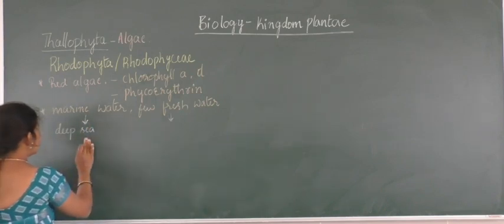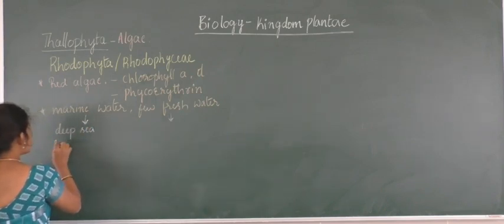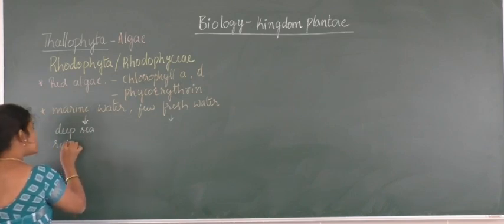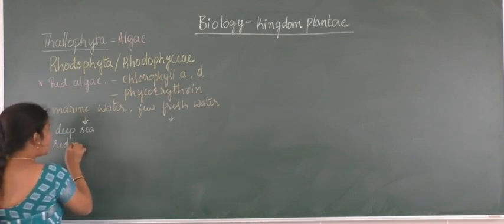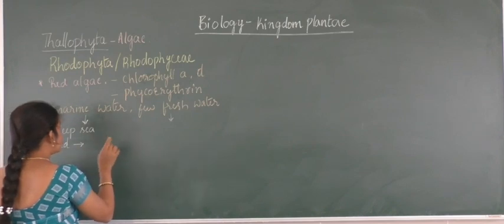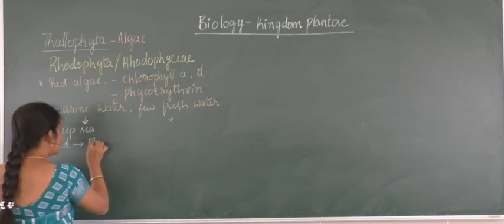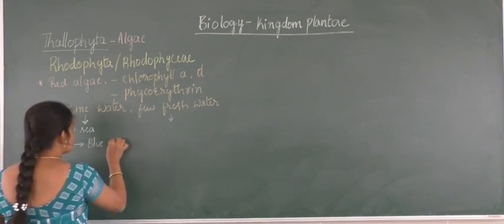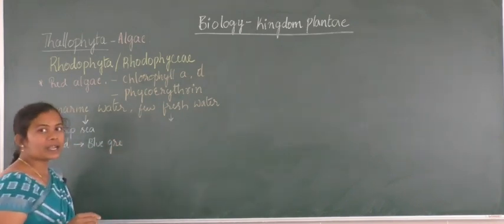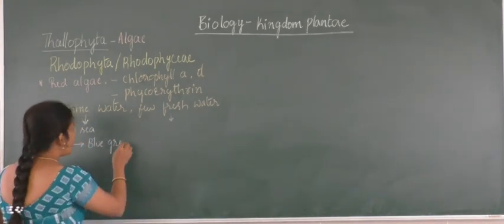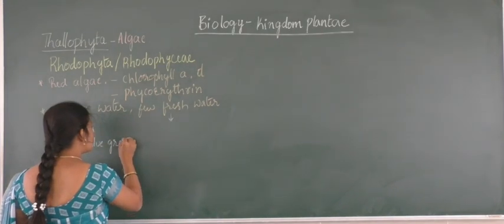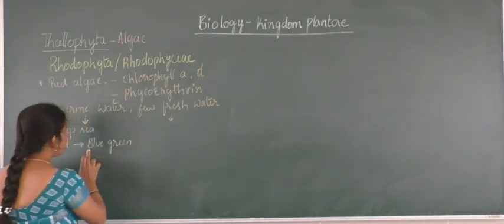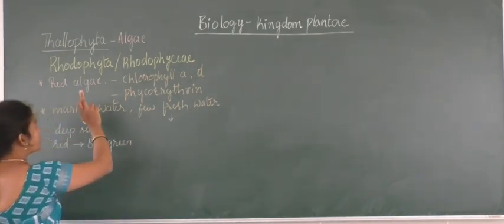While it is present in deep sea areas, it provides red color, and it absorbs a particular wavelength of light, the blue-green wavelength of visible sunlight.